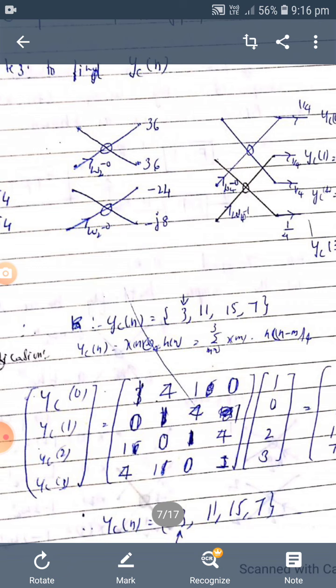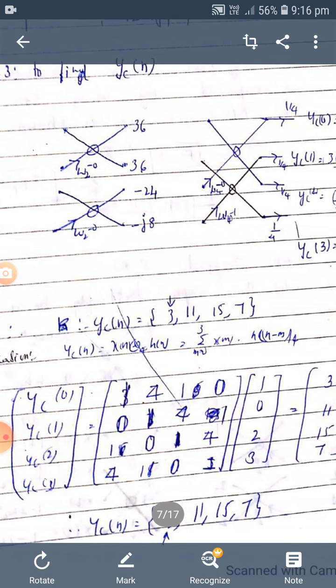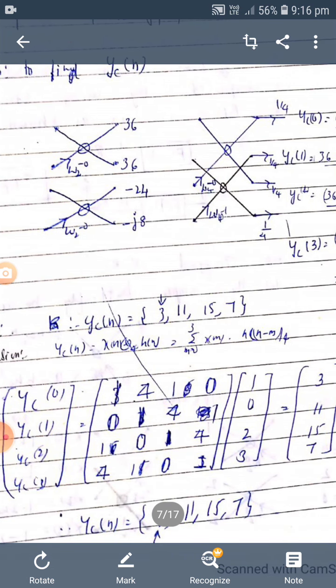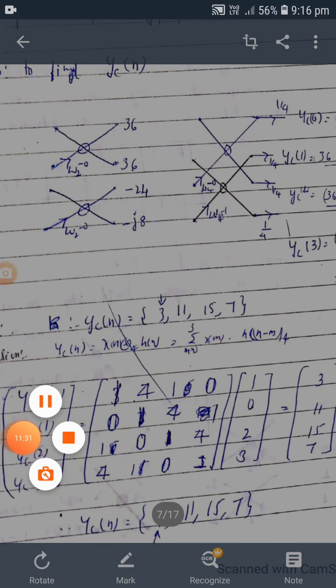This is circular convolution. Using the matrix method you can calculate here. In this, what we can do, shifted versions of x of n, your h of n will remain constant. Then finally you can verify the answer. So I hope that you have understood this method.